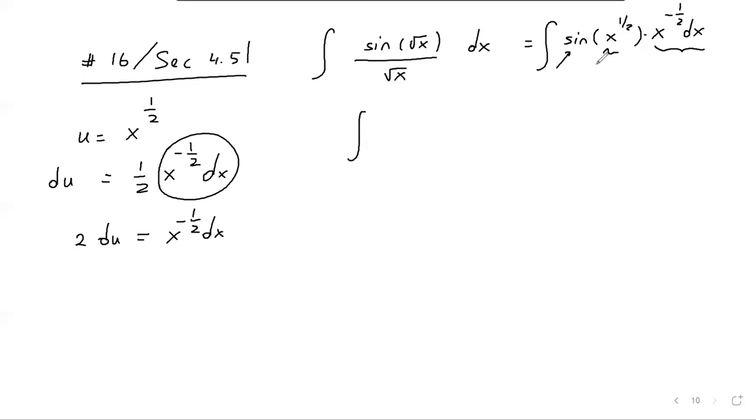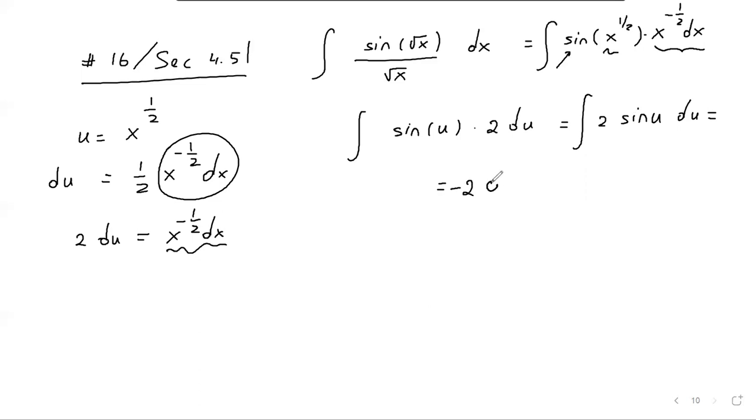So sine of x to the 1/2 is sine u times x to the negative 1/2 dx, that we just found out to be 2 du. So we can actually write this as the antiderivative of 2 sine u du, and that's going to be equal to 2 times the antiderivative of sine, which is negative cosine.